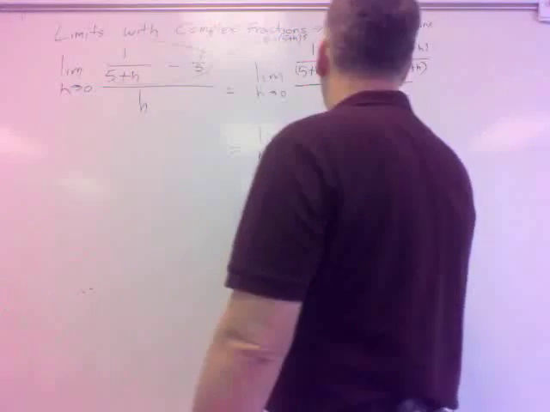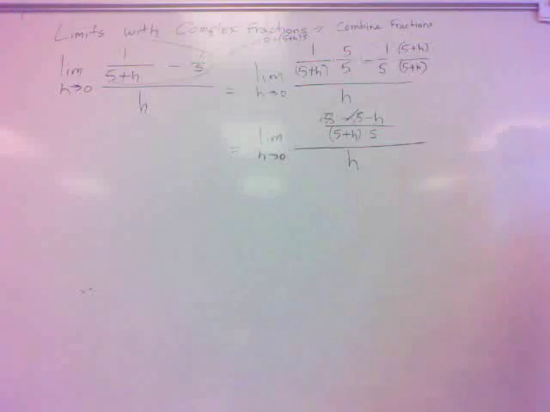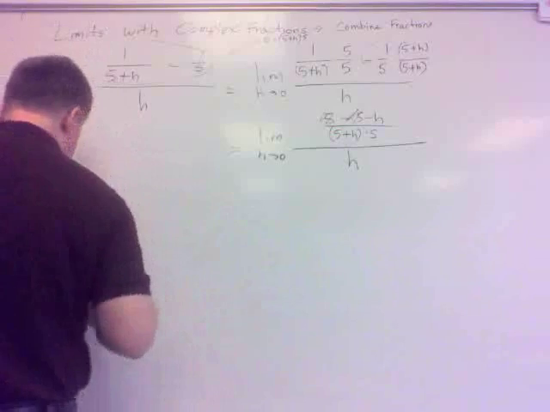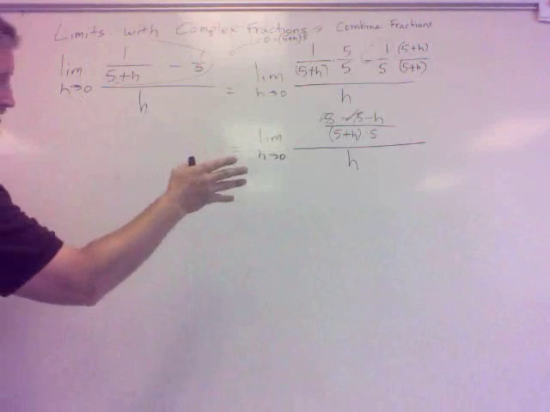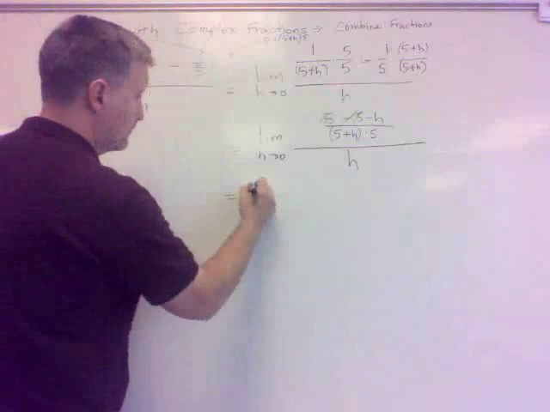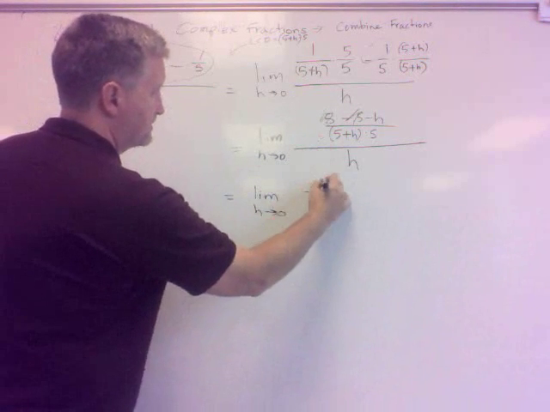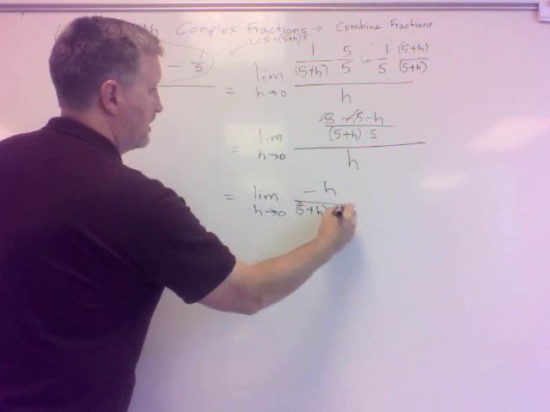Okay, well, we can obviously see the 5 and the minus 5 are going to go out. Wind up with this. Now, perhaps you can see what to do next, but here's a little explanation. This here, of course the top is minus h, 5 plus h times 5.